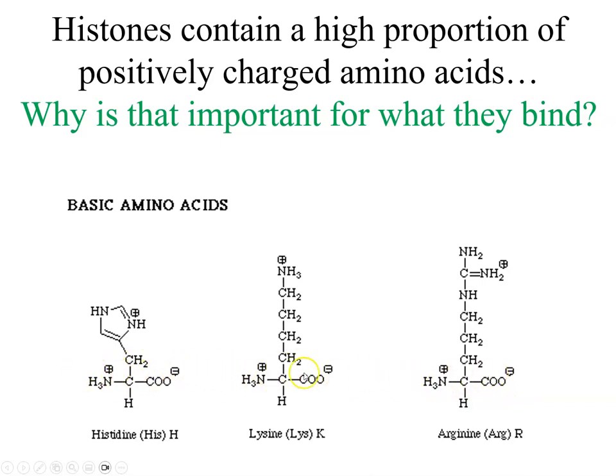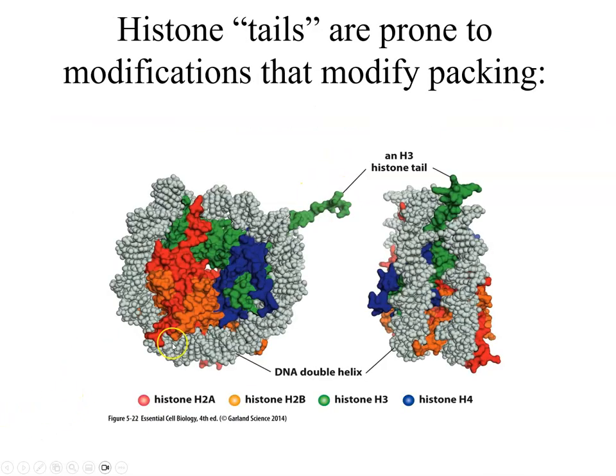So even though those are positive and negative, they're going to be uncharged if they're a peptide bond. But the positive charge is here. So why is that important that they're positively charged? What is the value of that, do you think? So I'd like you to answer that question before you move on. And let me know if you're not sure what that question is or what the answer is when we meet in person.